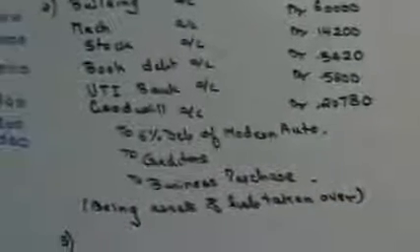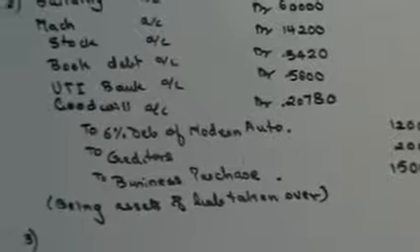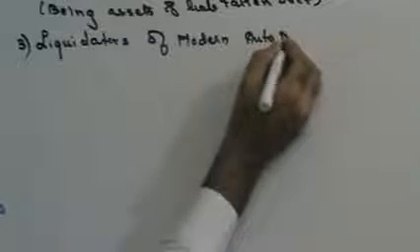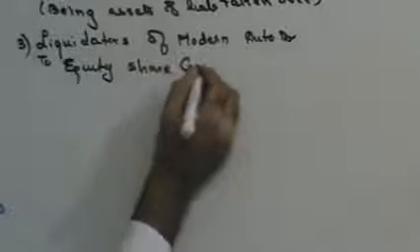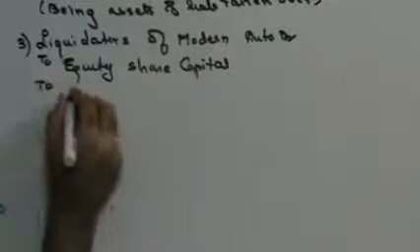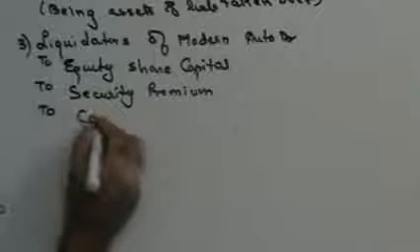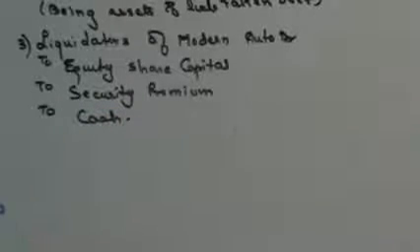Once you have taken over assets and liabilities, the next thing that you have to do is pay the PC. How do I pay the PC? Liquidators of Modern Auto debit. To, what all are you going to pay them? You're going to pay them equity share capital, securities premium, and cash.